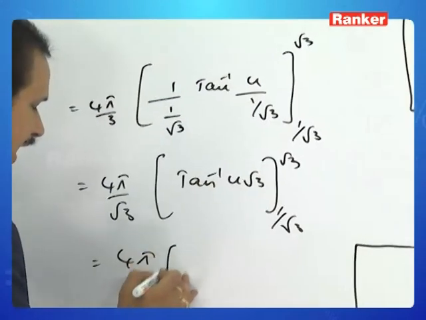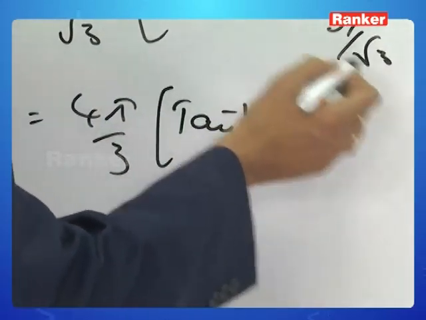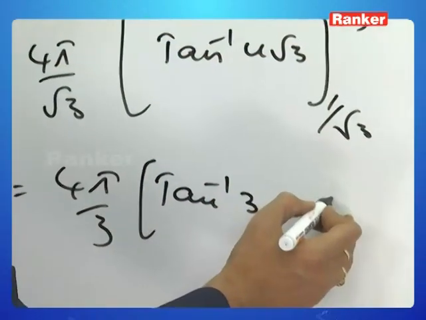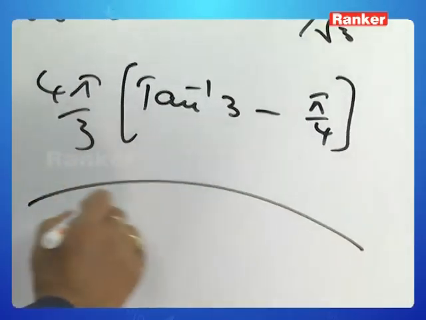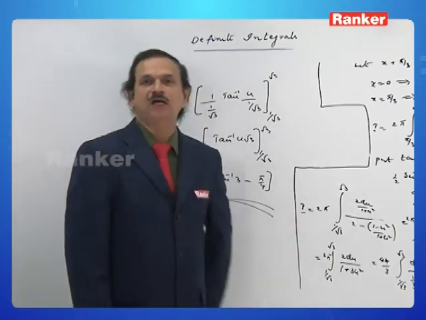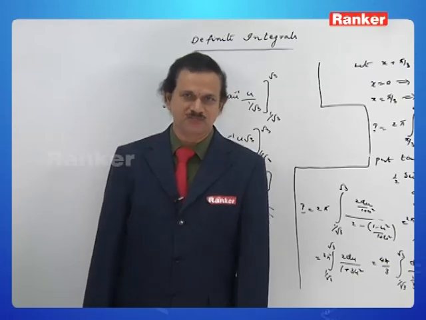So it is tan inverse 3. If you take 1 by root 3 into root 3, it becomes 1, pi by 4. This is the answer. That becomes the answer. Please follow that. We shall make a move to deal with the next problem.